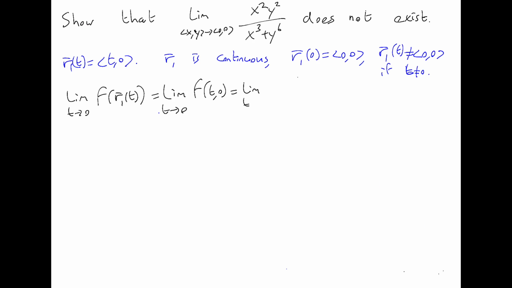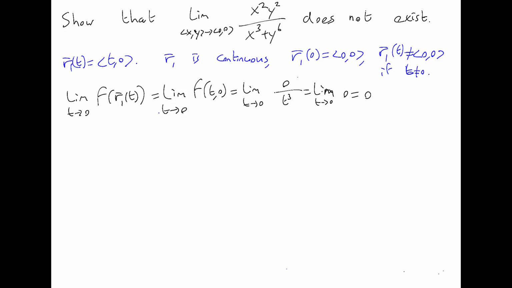So I substitute t for x and 0 for y. So what do I get? I will get t squared times 0. So I get 0. And in the denominator I get t to the third. Okay, well 0 over t to the third when taking this limit is just 0. And the limit of a constant is just the same constant. So the limit along this path, along the x-axis, is 0.